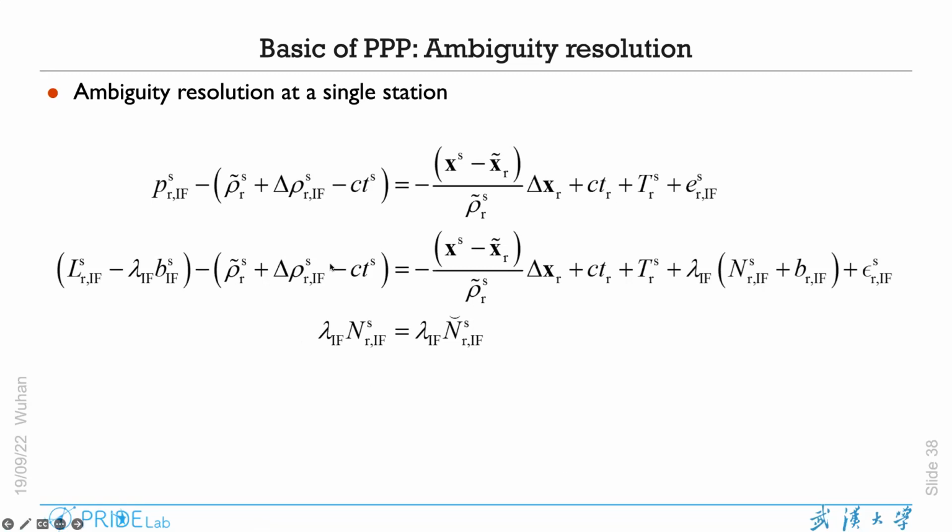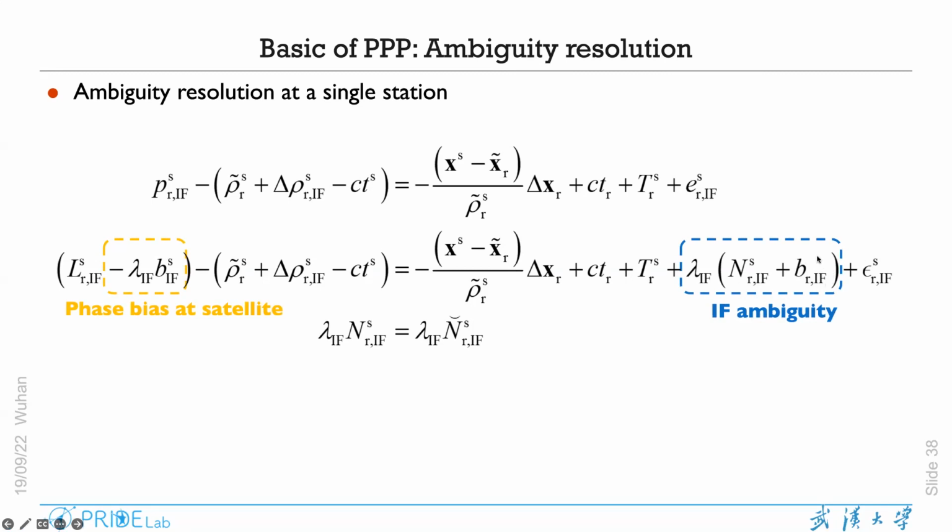So we can see here, after we make this combination, we actually have this term to be the ambiguities, and these ambiguities will lose their integer property, not only because of the phase bias terms here, but also because the combination coefficients for this ionosphere-free observable are non-integer quantities.